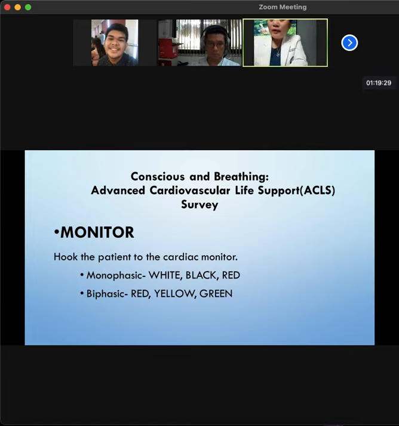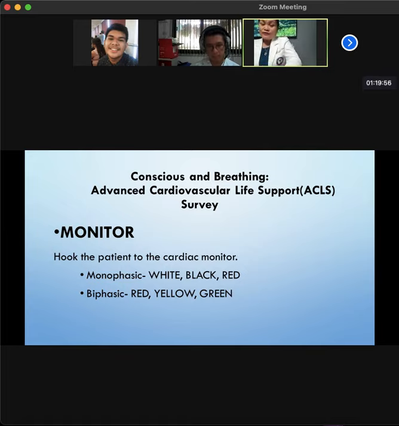So the white color should be hooked at the white right, black left, may L, red green. Okay? If the cardiac monitor is biphasic, which is colored red, yellow, green, you have to hook your red lead at your right. Yellow, again, may L, left.